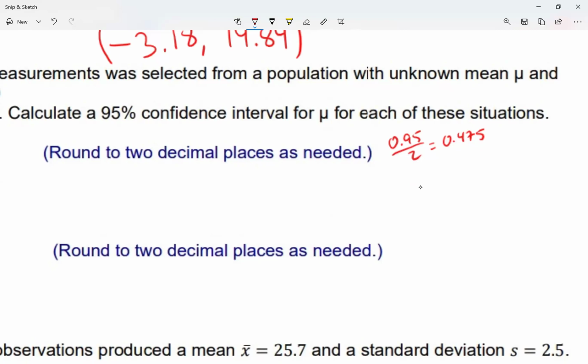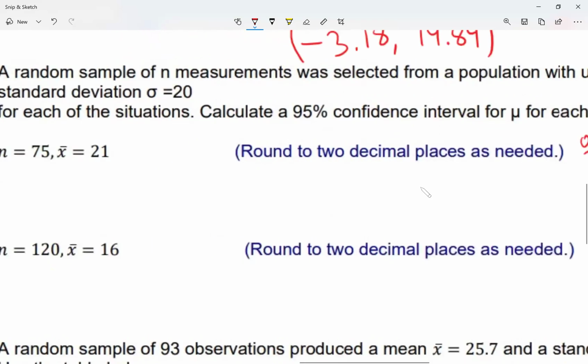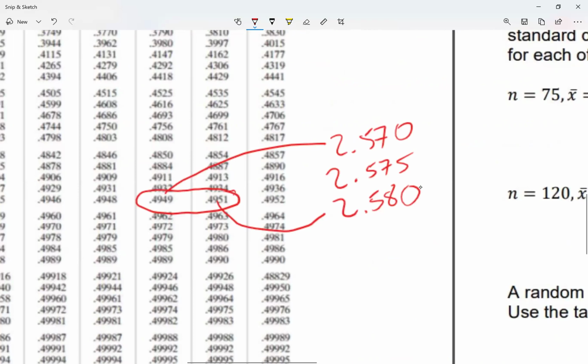Let me find my C value, my C-score. That gives me 0.475. Why did I divide 0.95 or 95% by 2? Because my table only gives me half of the graph. So I'm looking for 0.475.